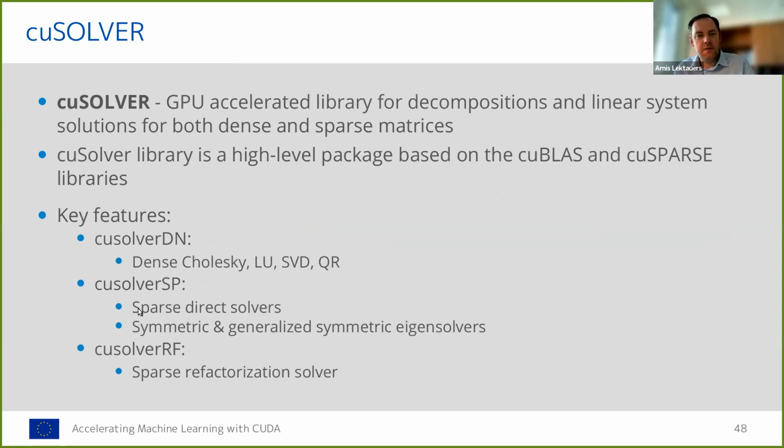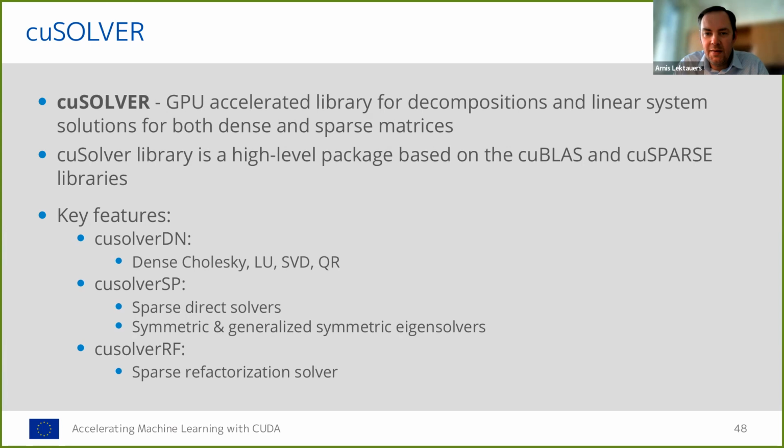Next, very shortly, one relatively new library coming as a part of the CUDA-X tool list is cuSOLVER. cuSOLVER is a GPU accelerated library for linear algebraic system solutions, for dense as well as for sparse matrices.